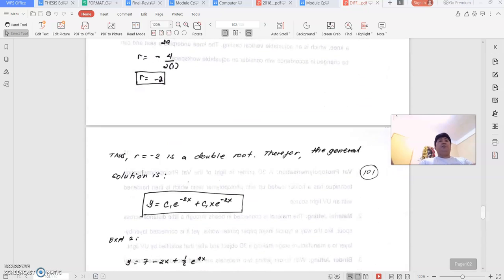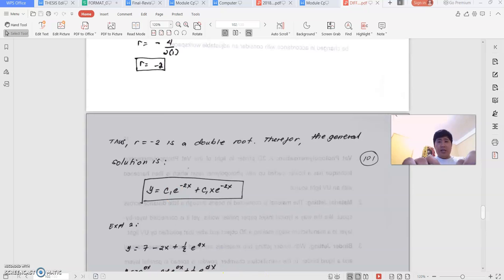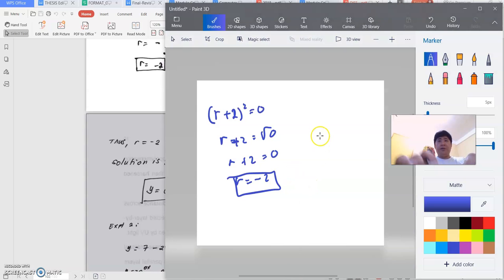Okay? So, since root is negative 2 and is doubled root, so doubled ang iyang root, therefore, the general solution is y equals c sub 1. Yan naman. So, since duha ka root man na siya, so, ang usa ka root nimo r is equals negative 2 and r equals negative 2 kay squared man eh, di ba? Duha ka root man.